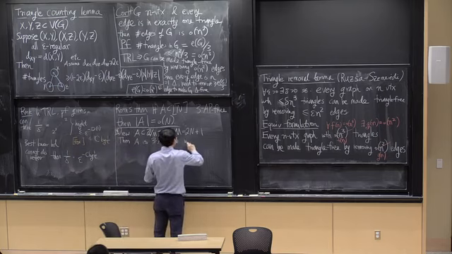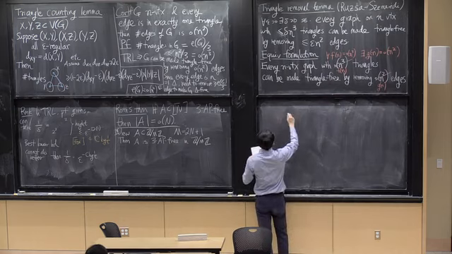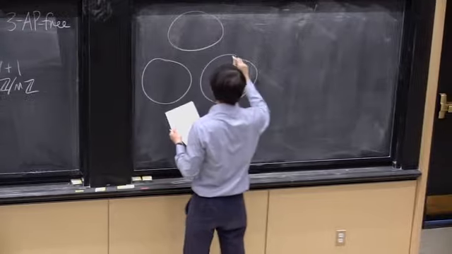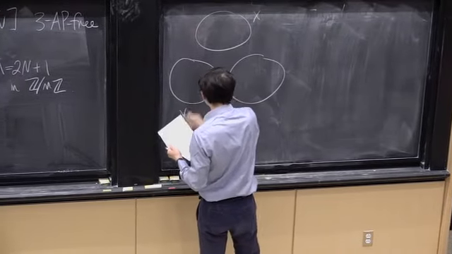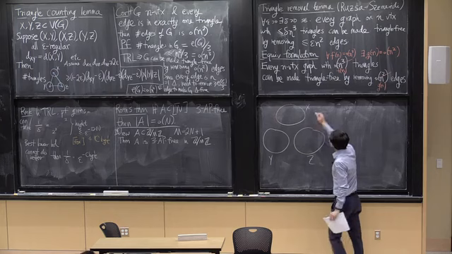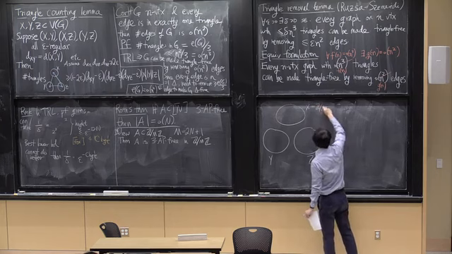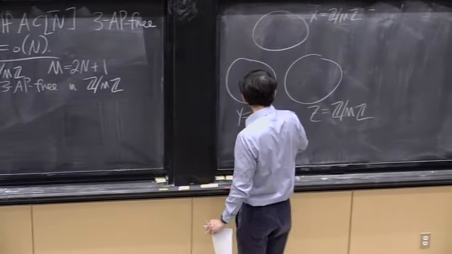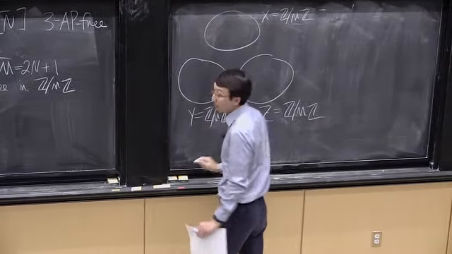And what we will do is that we will set up a certain graph. So we will set up a tripartite graph, X, Y, and Z. And here, X, Y, and Z are going to be m elements whose vertices are represented by elements of Z mod m.